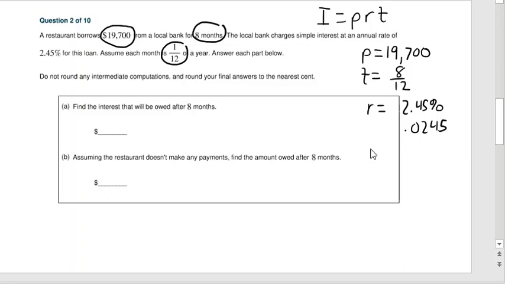Now all we have to do is plug what we know into the formula to solve for what we don't know. We don't know the interest that's going to be owed after 8 months. We do know the principal is $19,700. We also know the rate is 0.0245, and we know the time in years is 8/12.